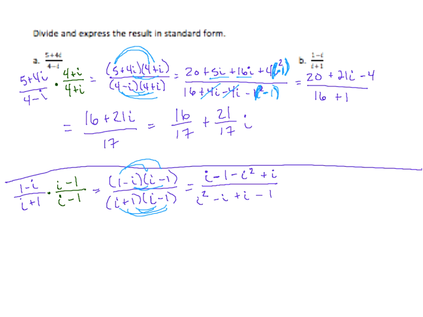So I'm getting rid of my opposite terms, changing my i squares to negative 1. And here. So let me point out I have negative, negative 1 there at the top, which is positive 1. Okay?